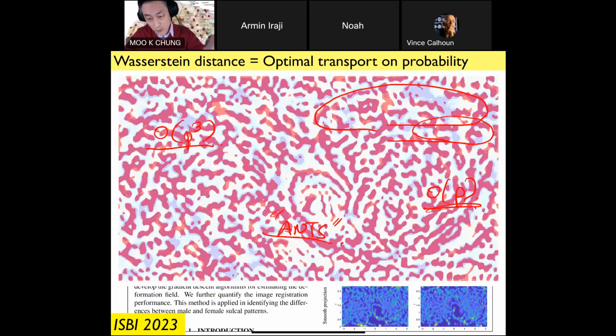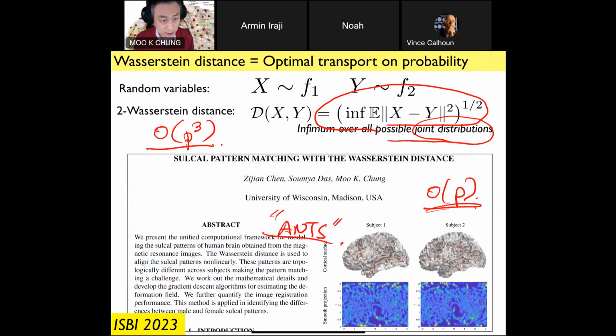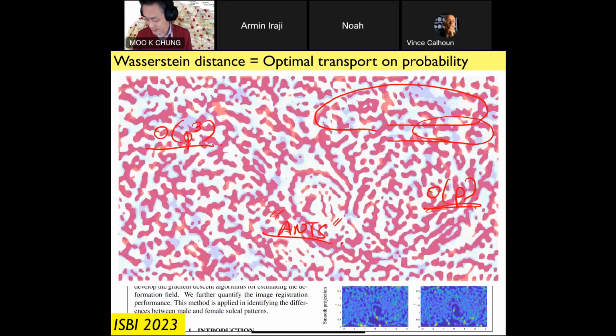Diffeomorphic image registration usually assumes diffeomorphism, meaning continuous mapping. So circle patterns are very difficult to match with the existing tools out there. That's why we are developing this Wasserstein distance-based probabilistic matching algorithm, and it seems to be working quite well. It's a work in progress.